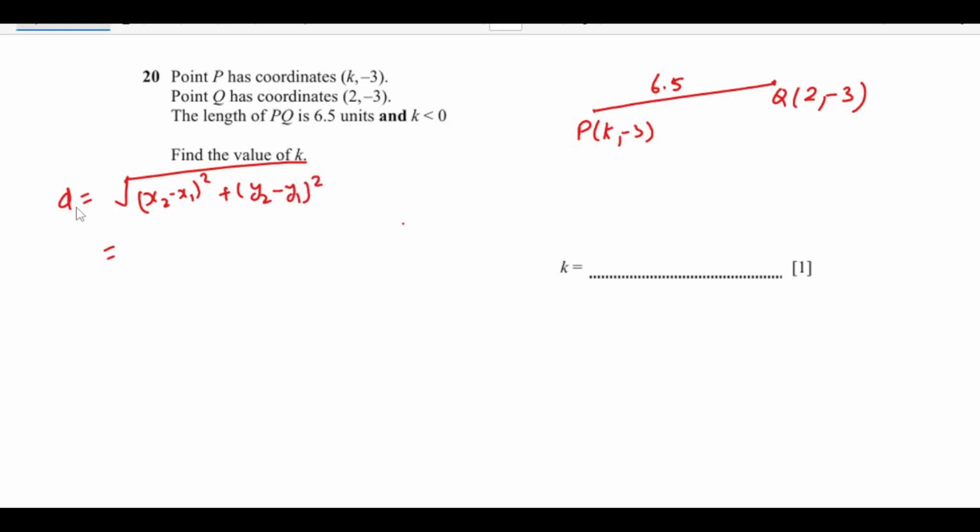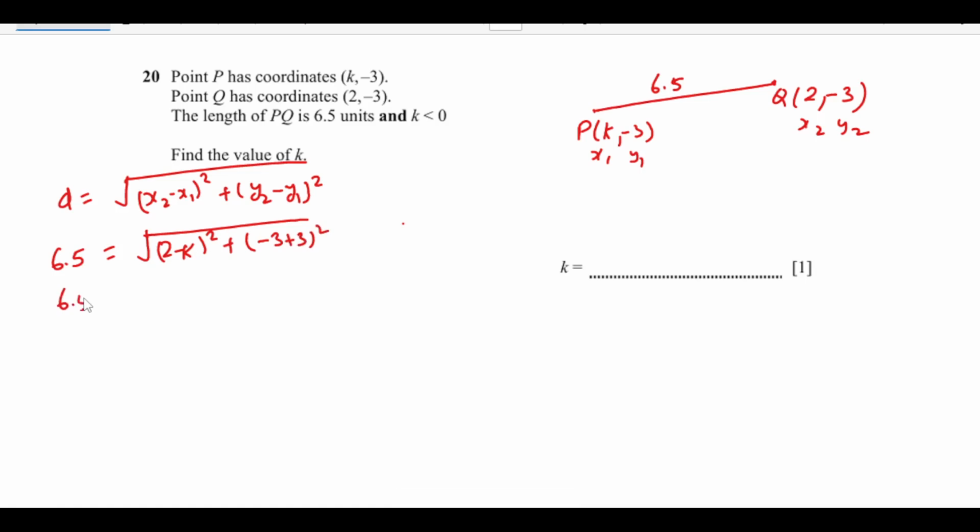So d is going to be, d we are given 6.5, and then the square root of this. Let's say this is x1, y1, this is x2, y2. x2 minus x1, this is 2 minus k squared. y2 minus y1 is -3 minus -3, which will become 0 squared, right?